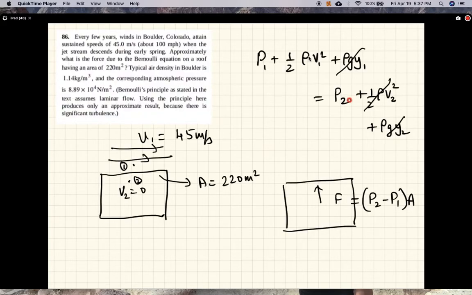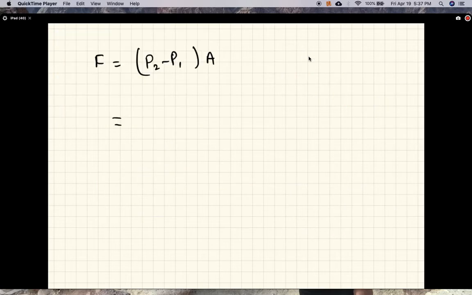The net force on the house is P2 minus P1 times the area, and from this equation here we can see that P2 minus P1 is 1/2 rho V1 squared. So that's equal to 1/2 rho V1 squared times the area. All right, let's put in the numbers.